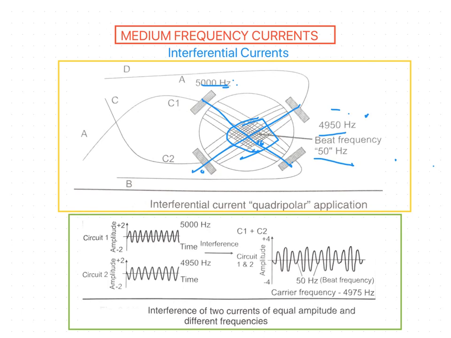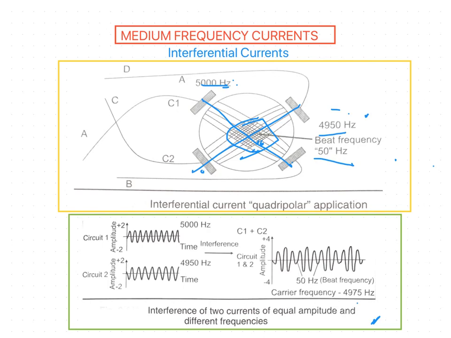So this is another example. At the point of intersection, a greater total intensity, that is the sum of the two currents, is produced. That is amplitude modulation, at depth in the tissues, producing maximum stimulation.